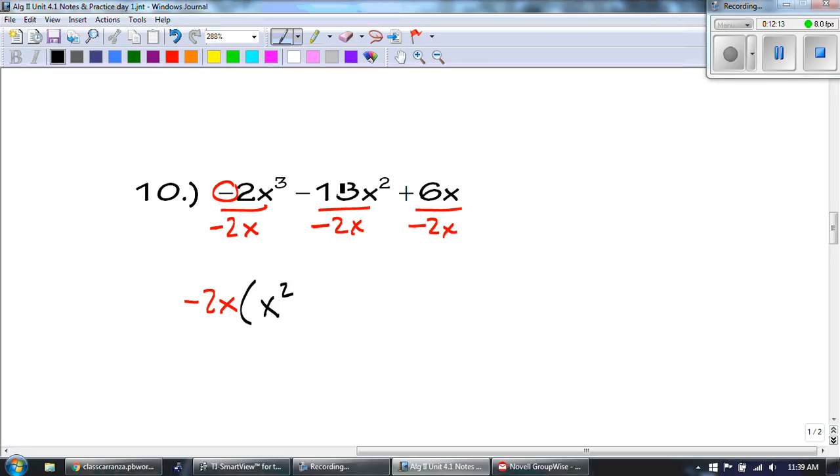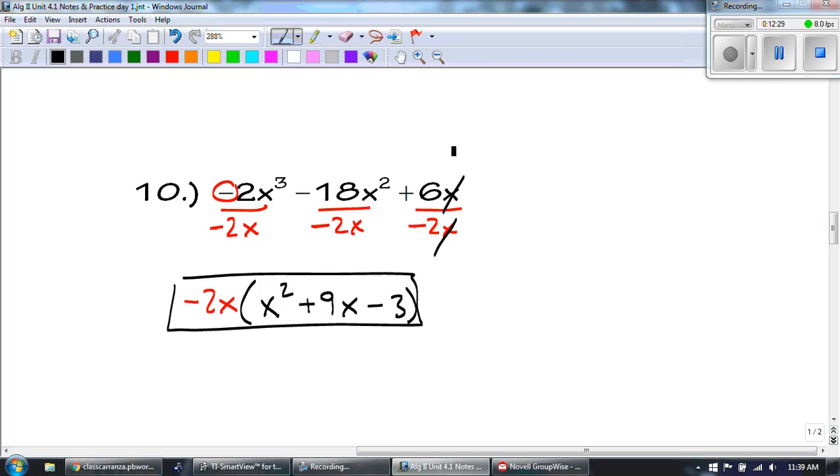Negative 18 divided by negative 2 is a positive 9. X squared divided by x is x. And 6x divided by negative 2x is just going to be negative 3 because the x's cancel. So we're left with negative 2x times x squared plus 9x minus 3.